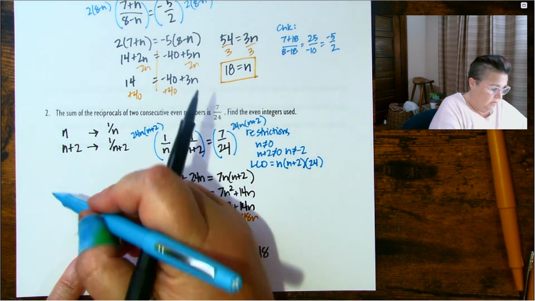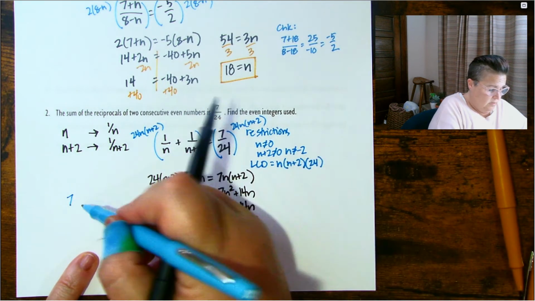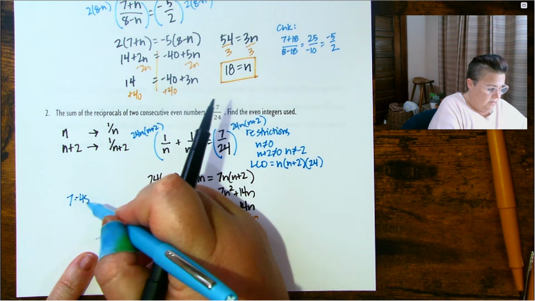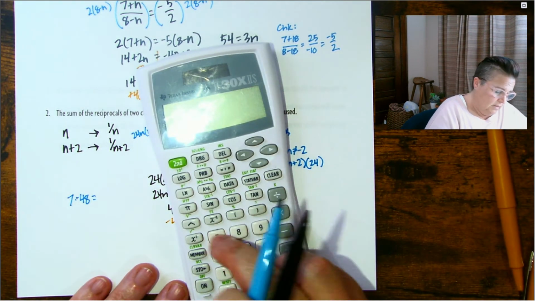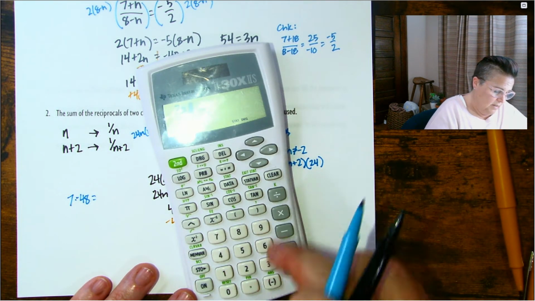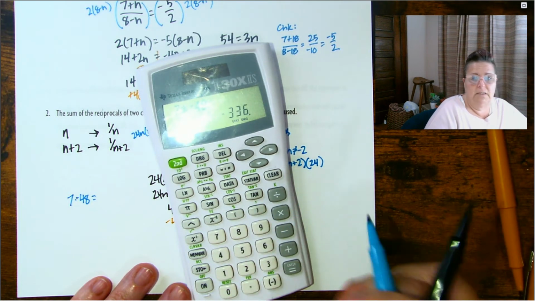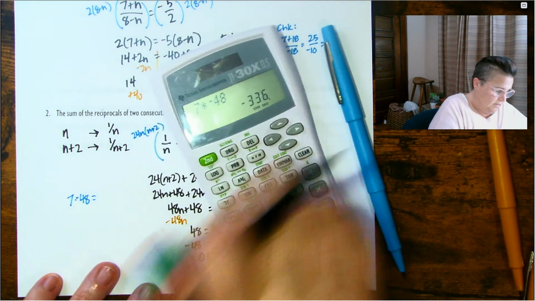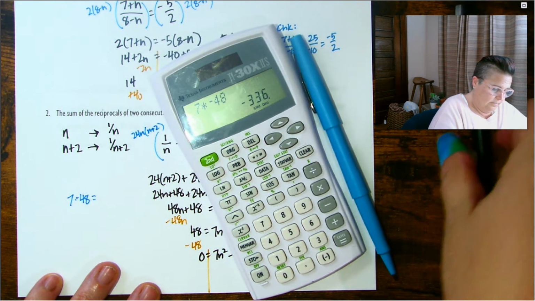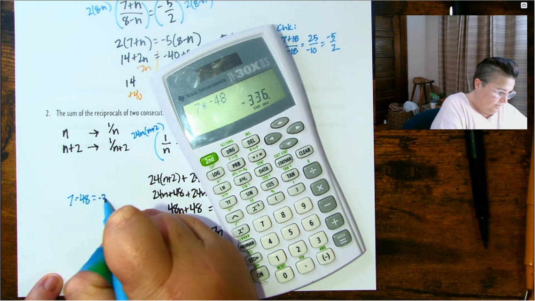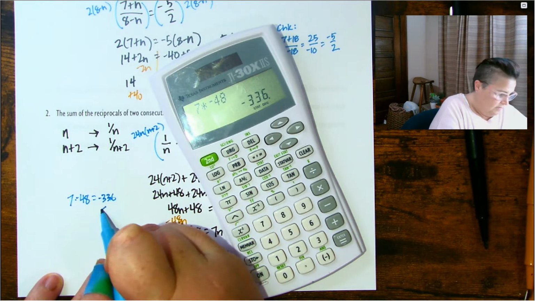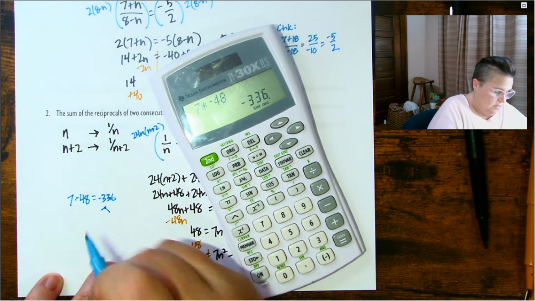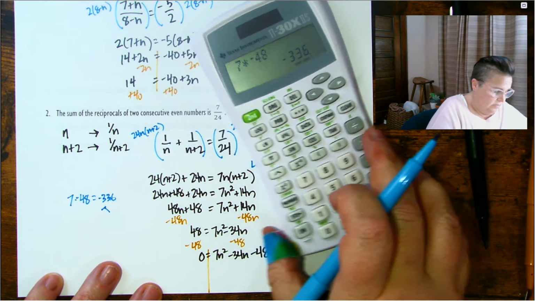I'm going to come over here now. 7 times a negative 48. I need my calculator to do this. 7 times negative 48 is a negative 336. And if I look at a negative 336, I need the factors to add to a negative 34.